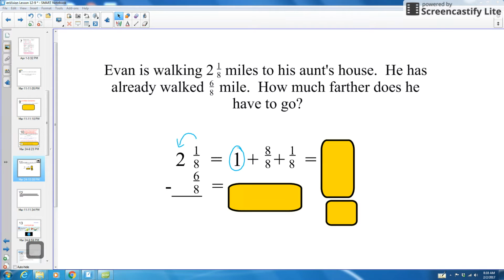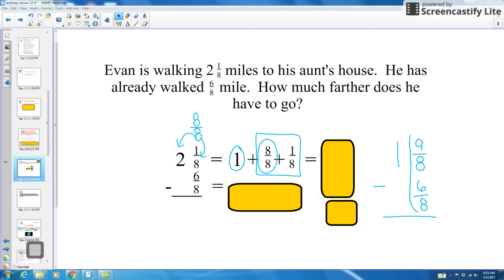But that 1 is really 8/8. So that's where this comes into play. So now we're looking at 8/8 and we're adding it to our 1/8. So we will end up with 9/8. So we're really going to end up with 1 and 9/8. And we're subtracting our 6/8 still.